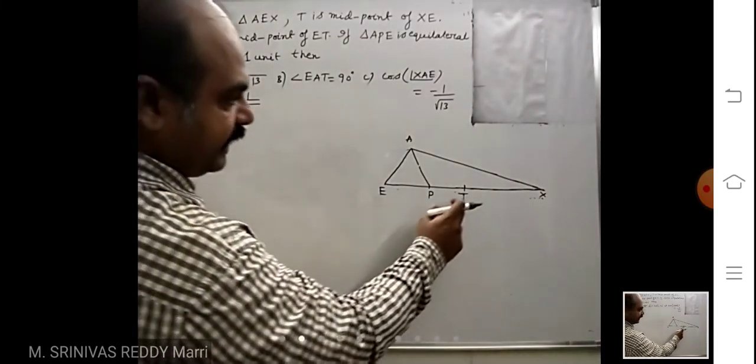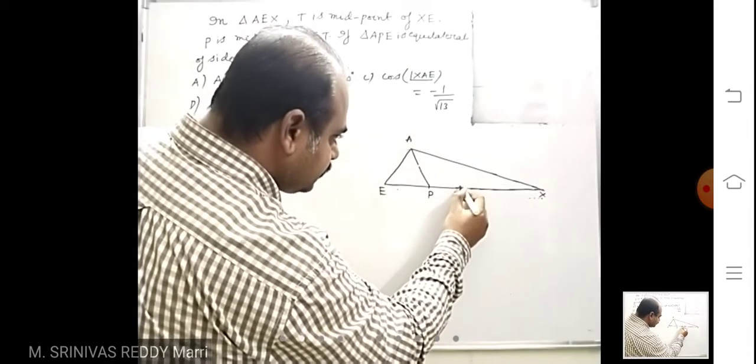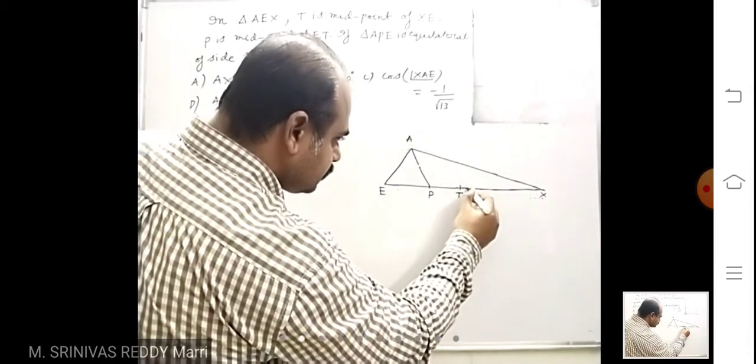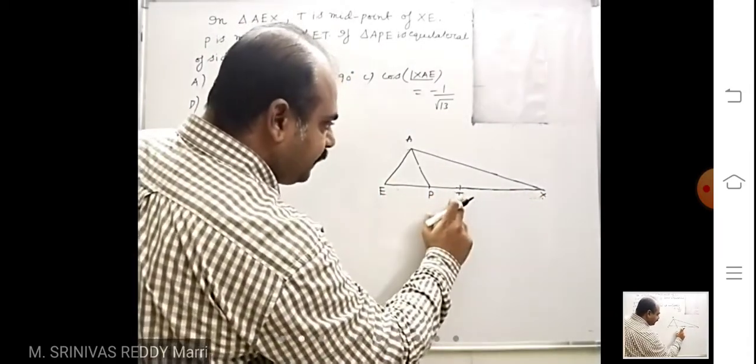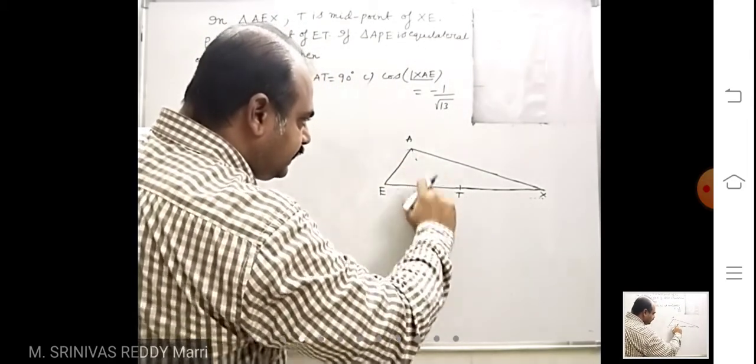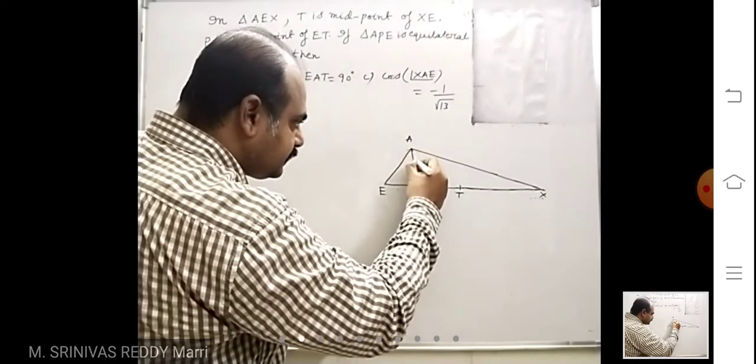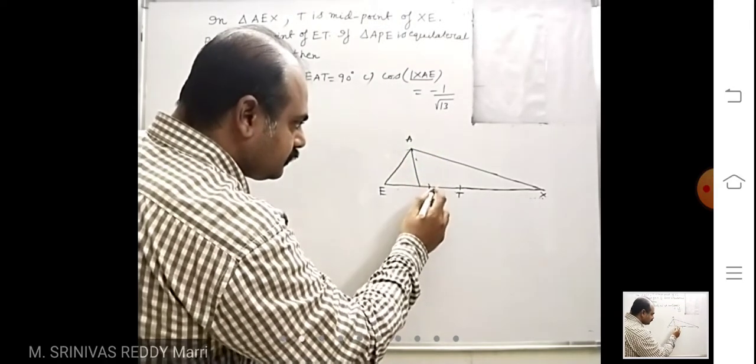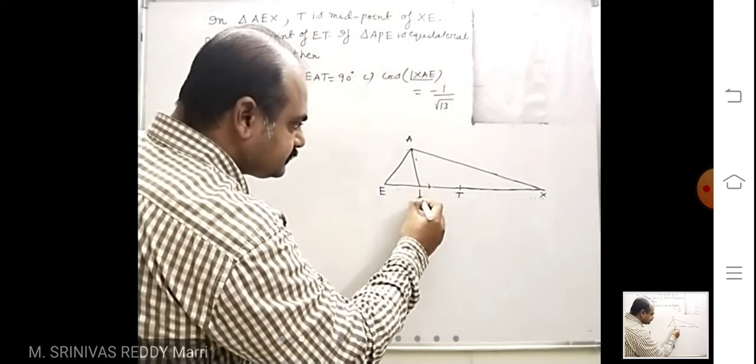T is the midpoint of XE. This is A. Take it like this. For E and X, midpoint is this, and then for E and T, midpoint is this, I am constructing.